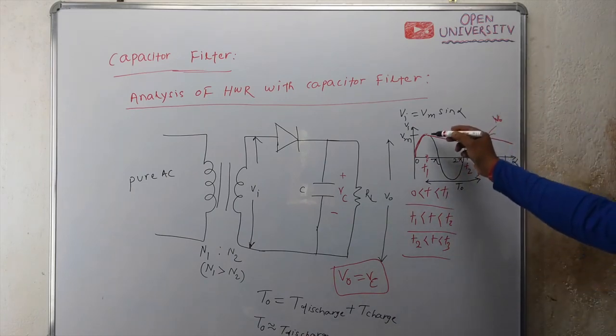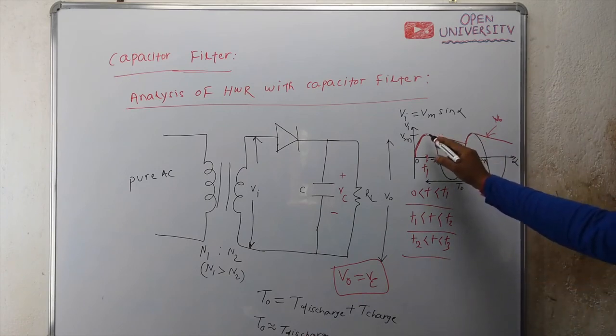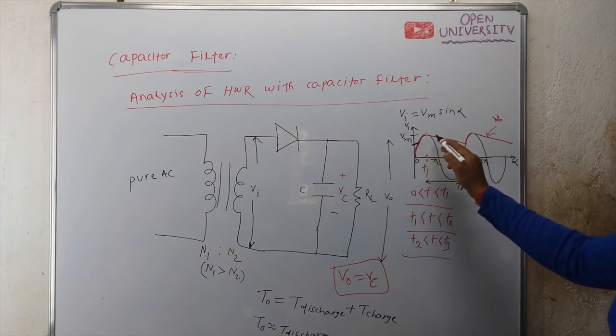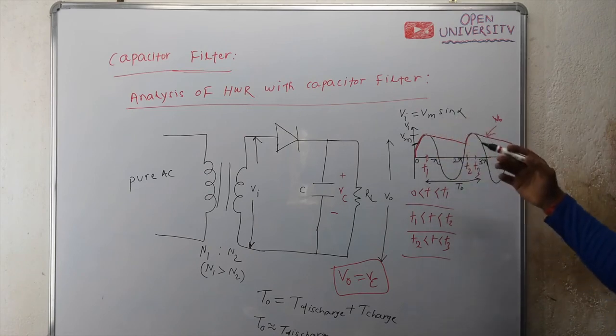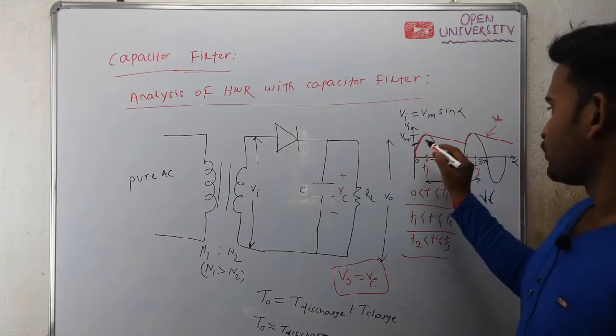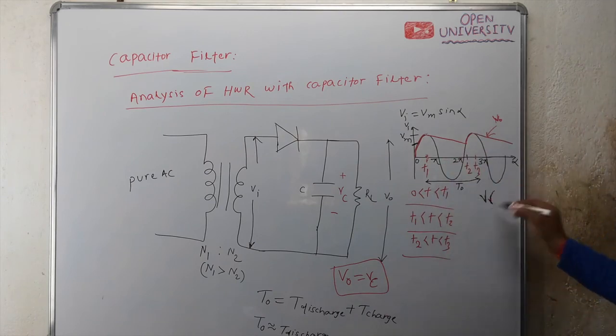What is the maximum value of output? Maximum output is Vm. And what is the minimum output voltage? During the discharge interval the capacitor voltage is reduced by an amount Vr, not V gamma.